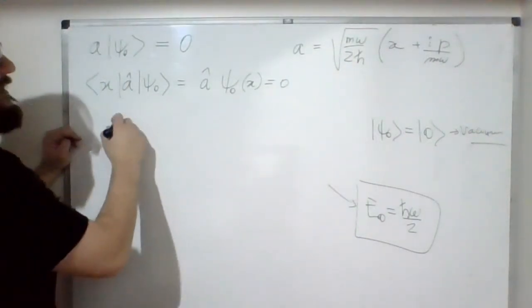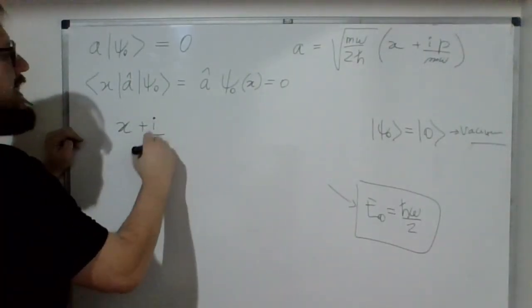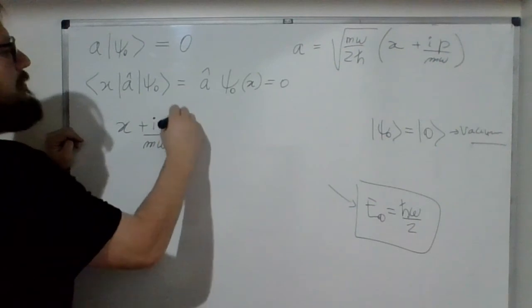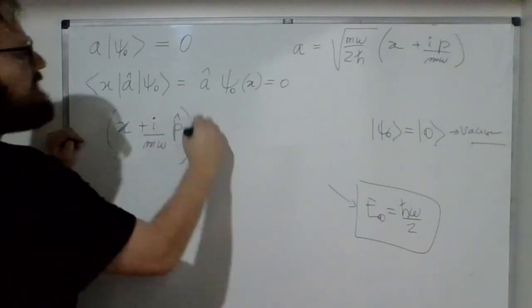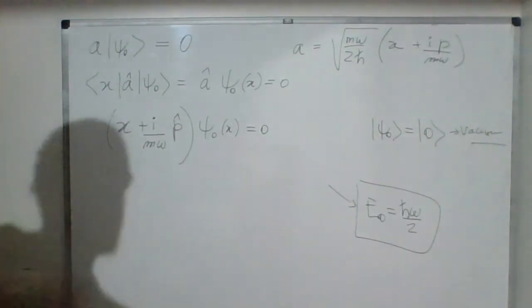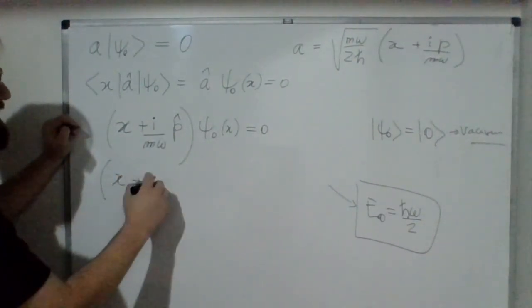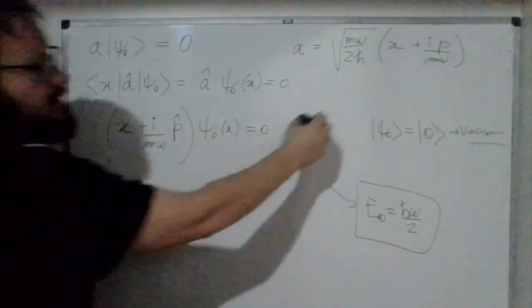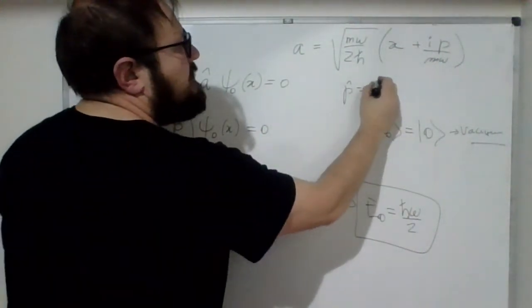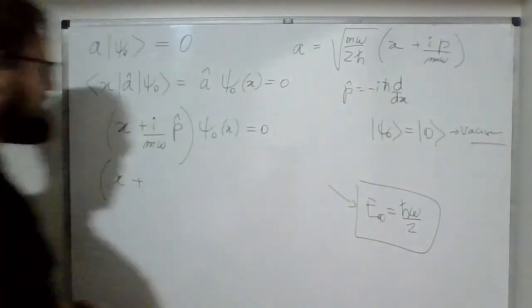You'll find x plus i divided by m omega times the momentum operator operating on the function psi naught equals 0. And now you can plug in: remember, momentum is minus i h bar partial derivative.